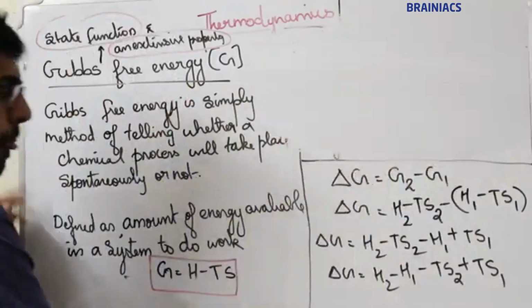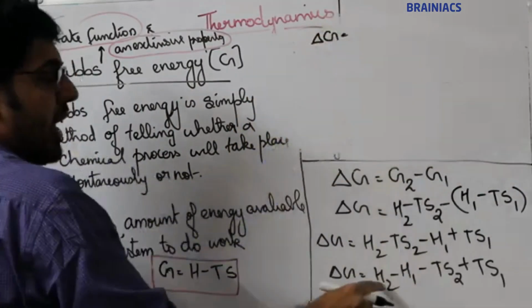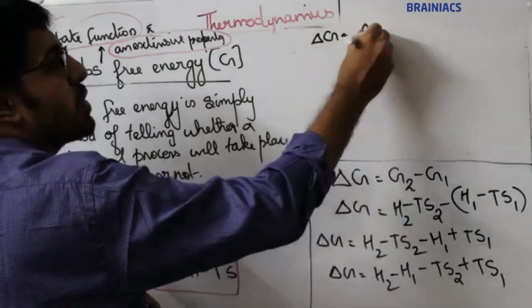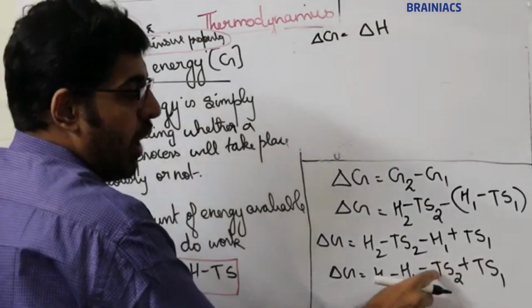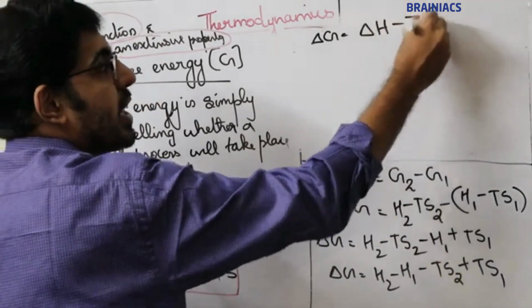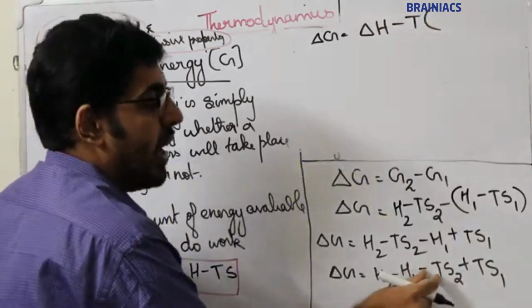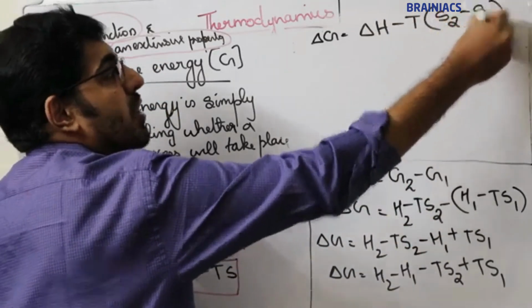Now, delta G is equal to H2 minus H1. What is H2 minus H1? Delta H. Minus, I'm taking T outside from TS2 and TS1. That is, I'm taking minus T outside, so it will become S2 minus S1. Right?